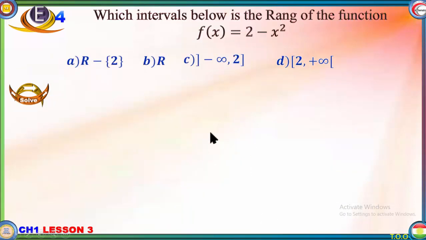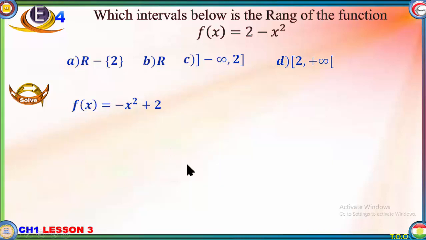Example number 4. Which interval below is the range of the function f of x equals 2 minus x squared? Here, we write the function in this way: f of x equals minus x squared plus 2. Because we don't have an x with the power 1, therefore h is 0 and k is 2.